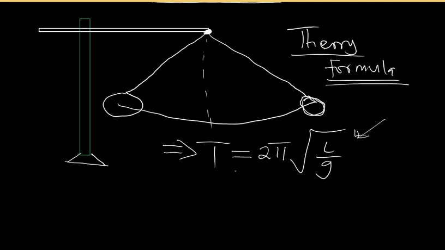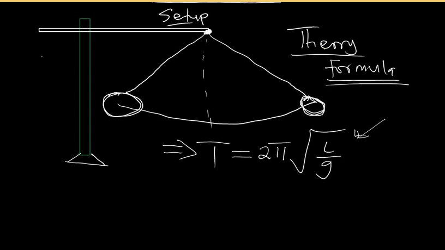Now let's look at how the experiment works. This is the setup of the experiment. You'll be asked to set up the simple pendulum, which is connected to a fixed mass using a string of a particular length.